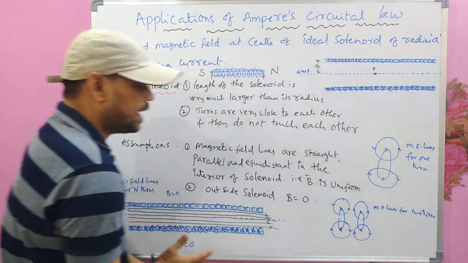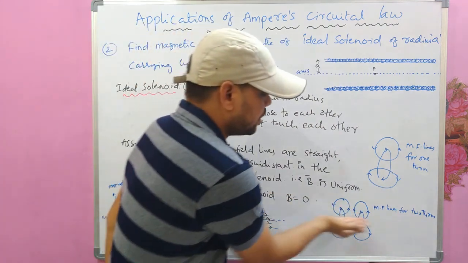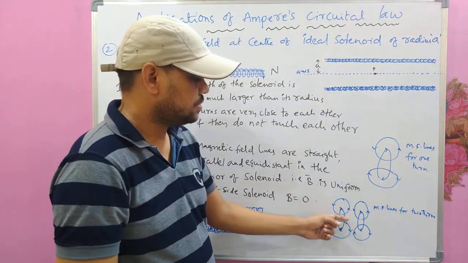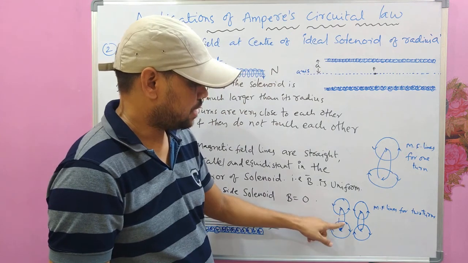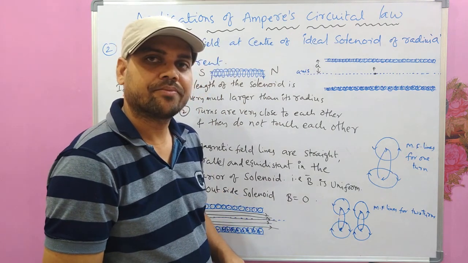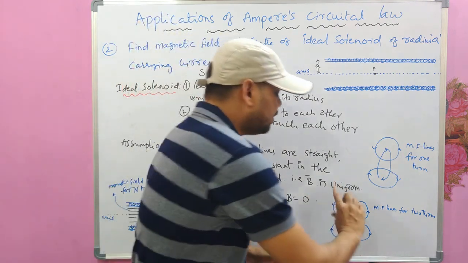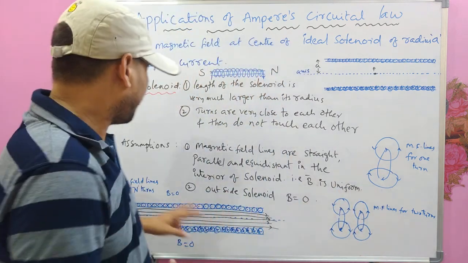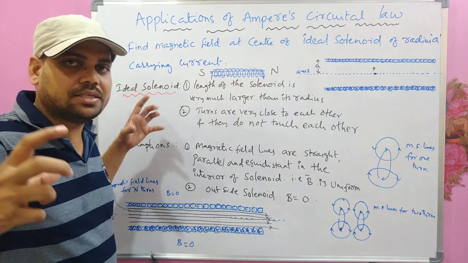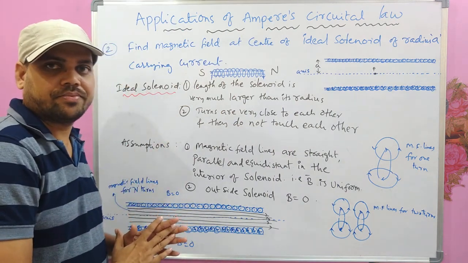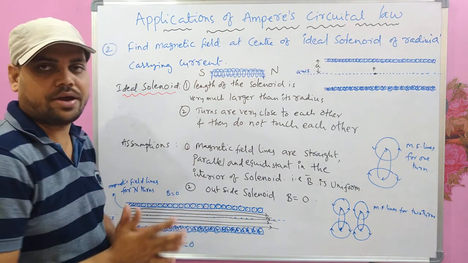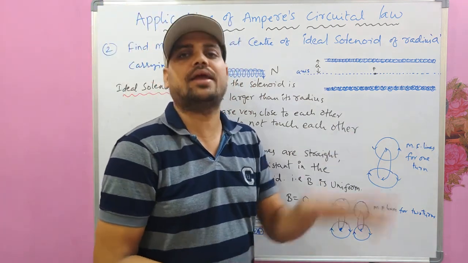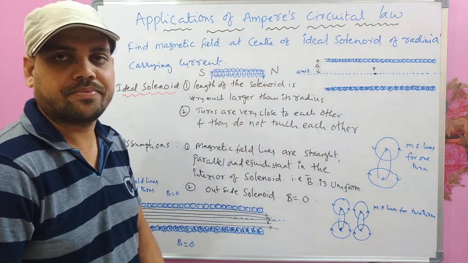So magnetic field lines in the interior of the solenoid are straight, parallel, this is parallel to this, and equidistant from one another. I am talking about an ideal solenoid whose length is very large compared to its radius. In the interior of the solenoid, the magnetic field lines will be straight, parallel, and equidistant from one another.